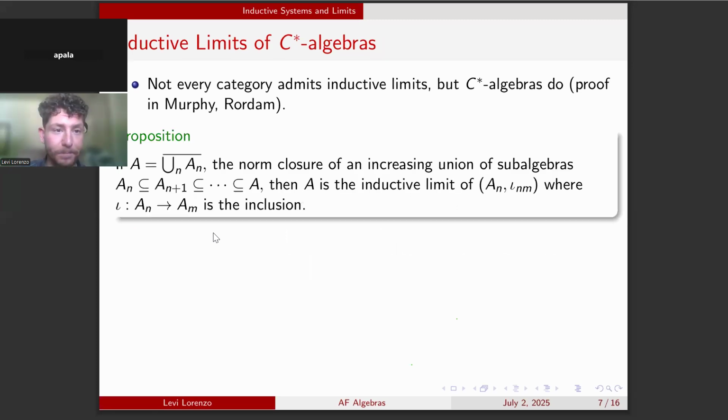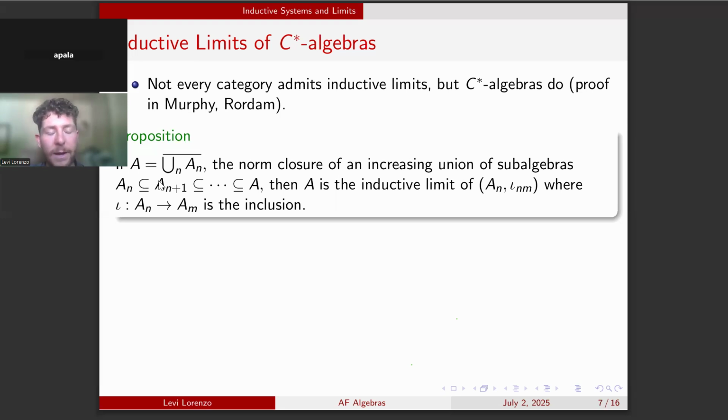As was previously mentioned in the comment, this proposition gives us a direction for how to think about this: if you have an object that is the closure of the union of an increasing sequence of subalgebras, where we can think about the maps in this union being inclusions, then this algebra is the inductive limit.